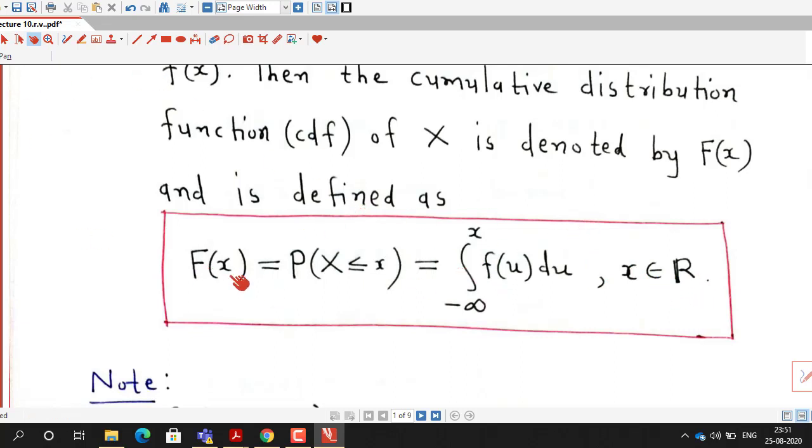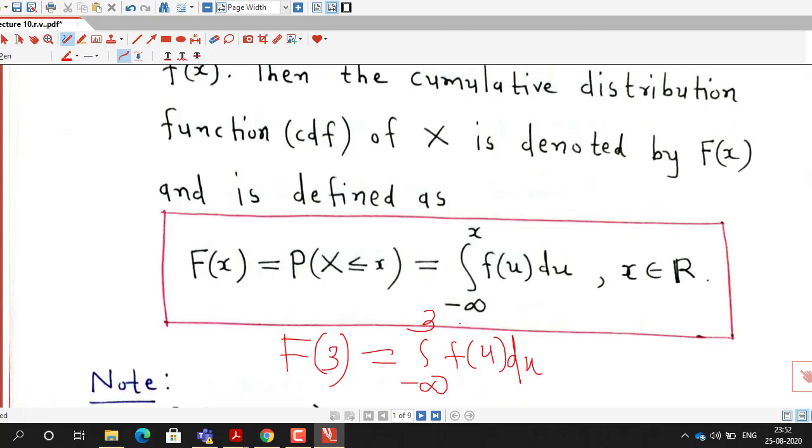So suppose I want to find out F of 3, then this is going to be the integral of the probability density function with limits minus infinity to 3.